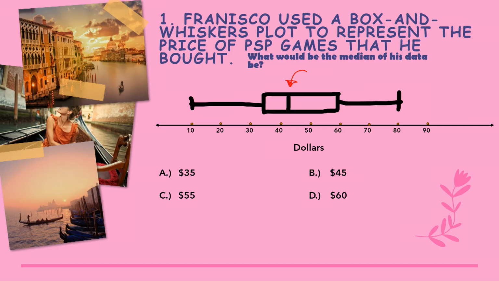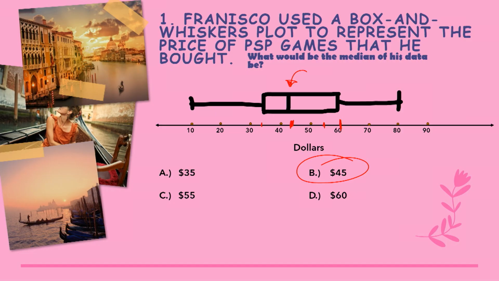Well, obviously, it's not 35 because that would be here. It's not 55 because that's somewhere right here. 45 would be about right there, or 60 is up here. So I would say that 45 is my median amount.